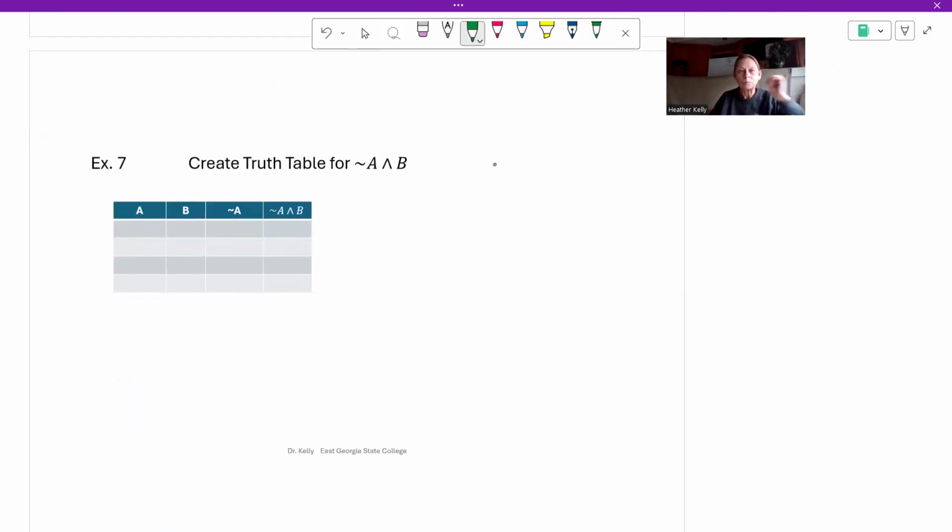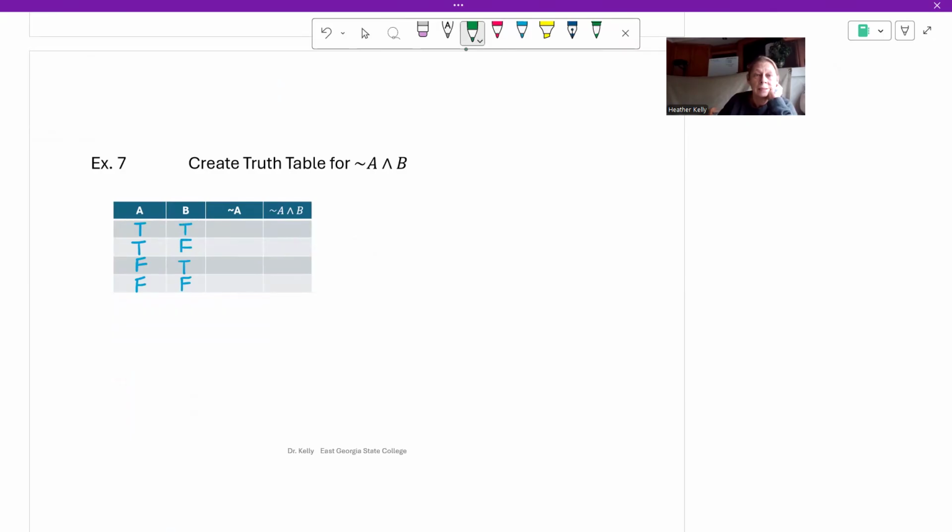Okay. So let's set up our little table first. We go straight down underneath the A's with two trues and two falses, and then we go straight down the B's with alternating true, false, true, false.